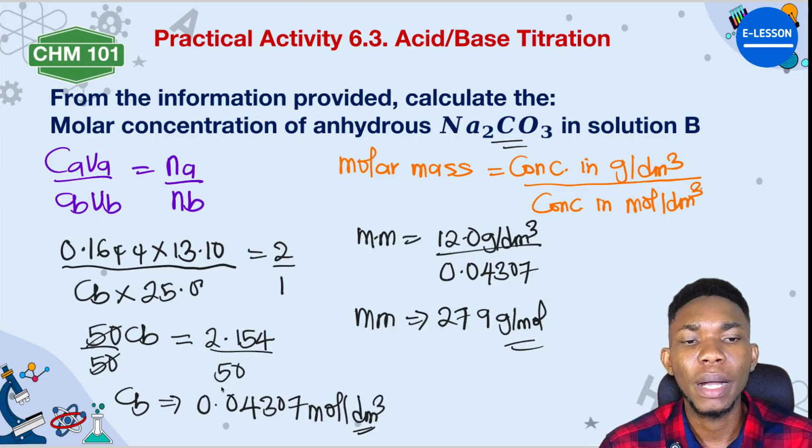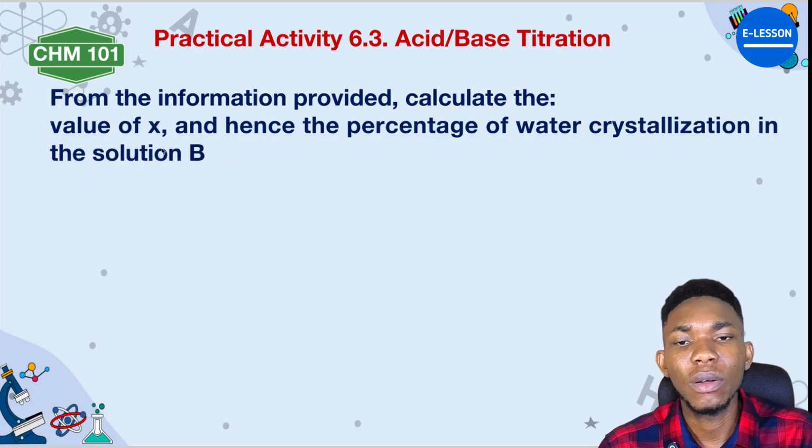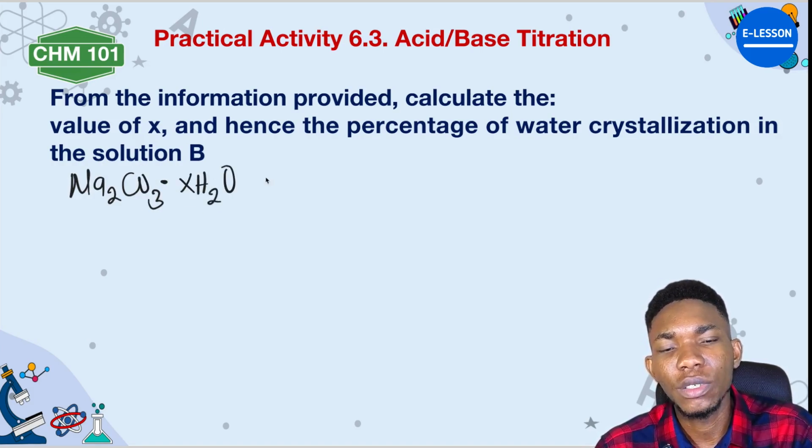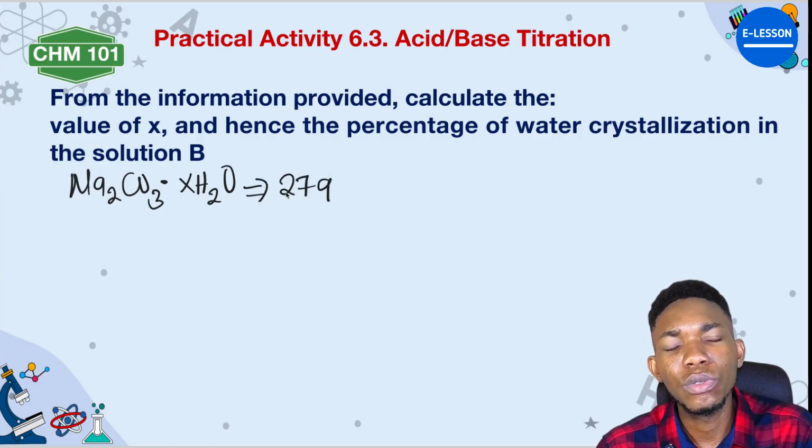Now that you're getting the molar mass to be approximately 279 gram per mole, the next thing is to calculate the value of X. But you know that the compound given to you is sodium carbonate, X water of crystallization, and the molar mass is 279 gram per mole.